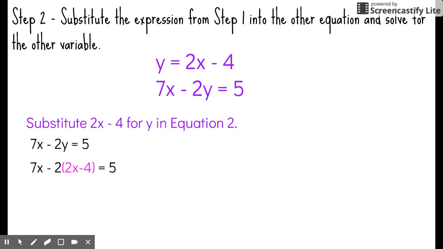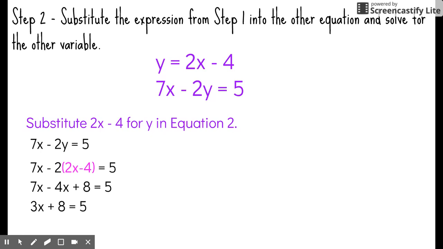Now because those 2's are hugging each other, that means that we're going to distribute that negative 2 to the 2x and to the negative 4. So we get 7x minus 4x because negative 2 times 2 is negative 4, plus 8 because negative 2 times negative 4 is positive 8, equals 5. And then we are left with 3x because 7x minus 4x is 3x, plus 8 equals 5.